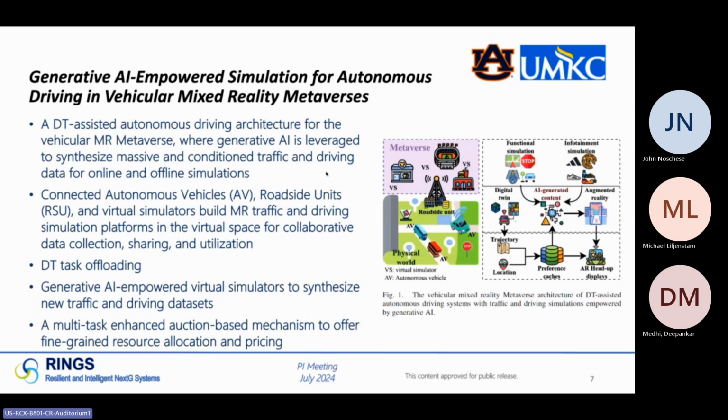They interact through these 3 components: autonomous vehicles, roadside units, and the virtual simulators. So we can apply generative AI to synthesize different traffic scenarios and driving simulation scenarios, for training and for interaction between the worlds in this mixed reality system.